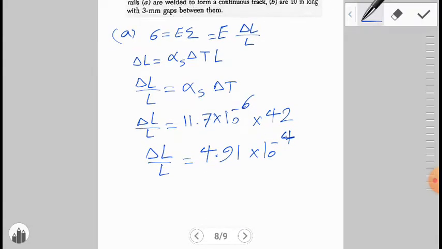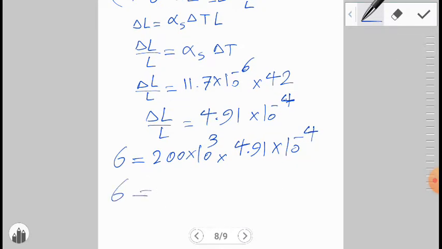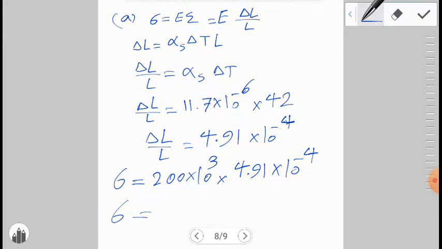After finding delta L over L, because we have E, we can find sigma is equal to 200 gigapascal to megapascal times epsilon, 4.91 times 10 to the minus 4. Finally, sigma, or normal stress, is equal to 98.2 MPa.